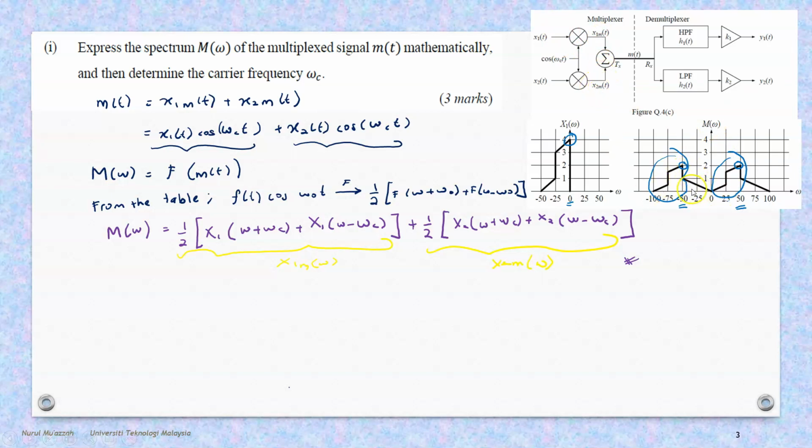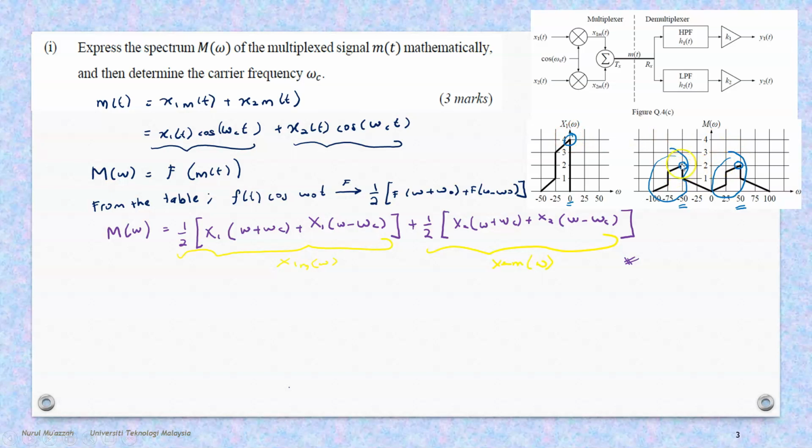So the other part here, that looks like a triangle, actually comes from a different signal, which is X2m. From there we can conclude that omega c here is 50, because it has been shifted to the left, which is plus 50, and to the right, which is negative 50. Basically we look at the origin of the signal, where omega is equal to 0 and the highest amplitude is 4.